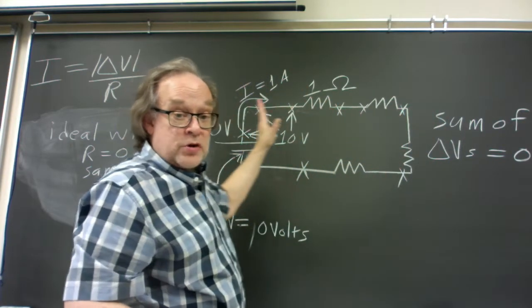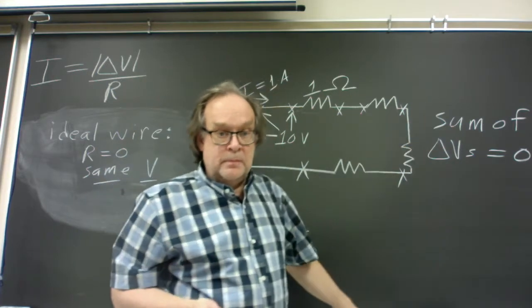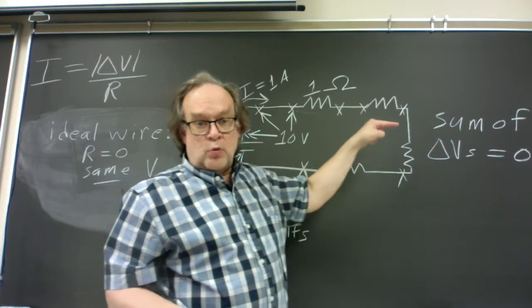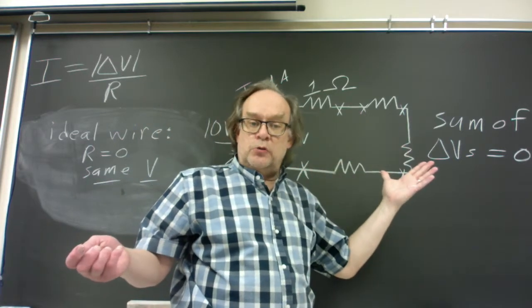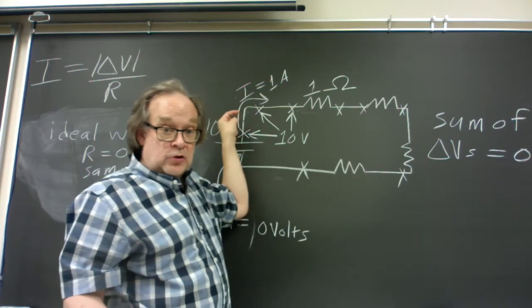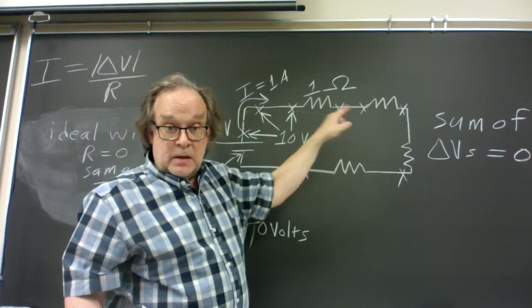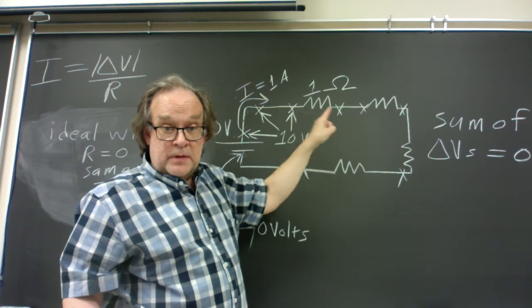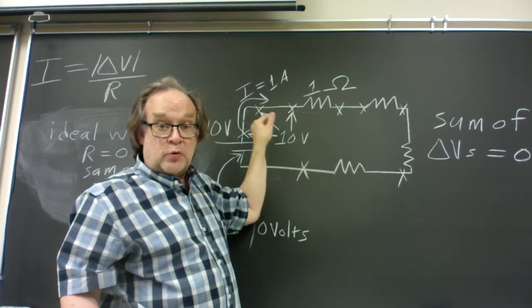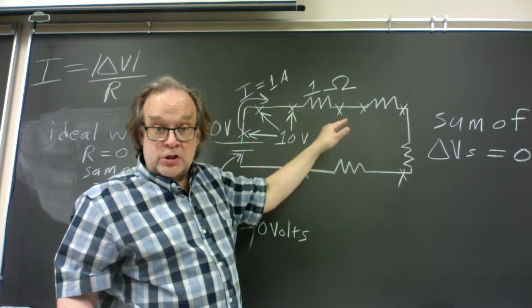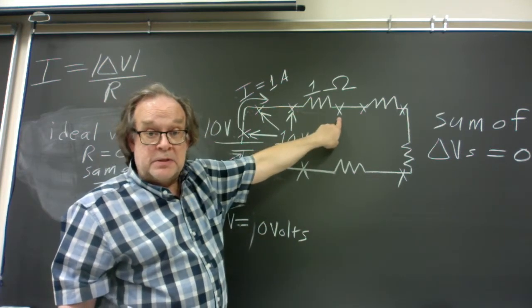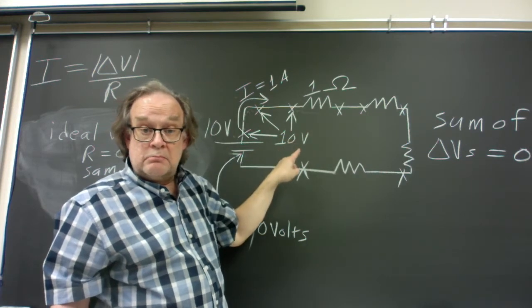So if you want a force this way on positive charges, you need a field that way, because field points in the direction of the force on a positive charge. Field this way means this point is at a higher and this point is at a lower potential, because electric field always points from higher towards lower potential. So this point here has to be at some potential less than 10.